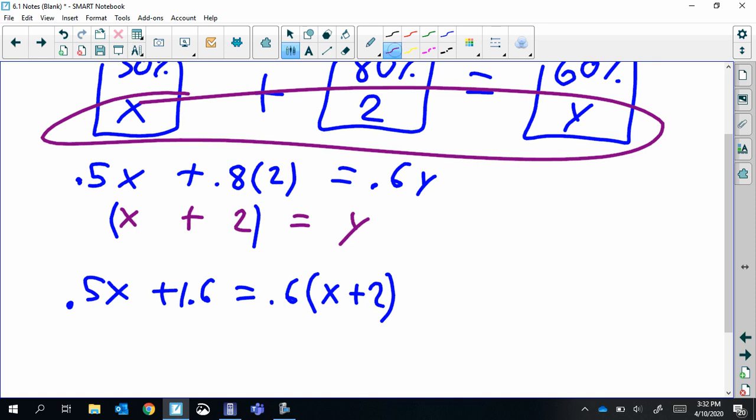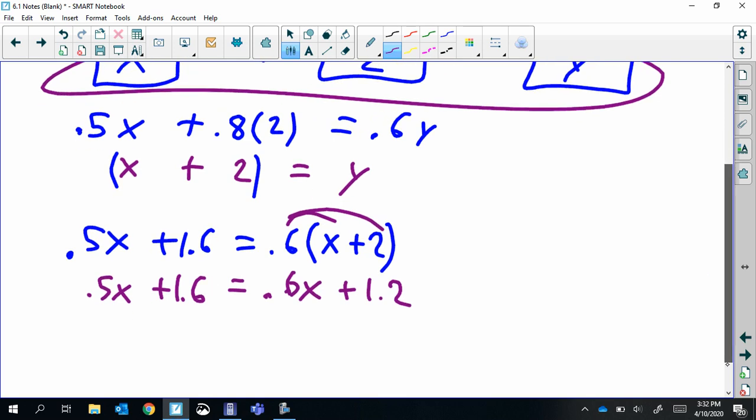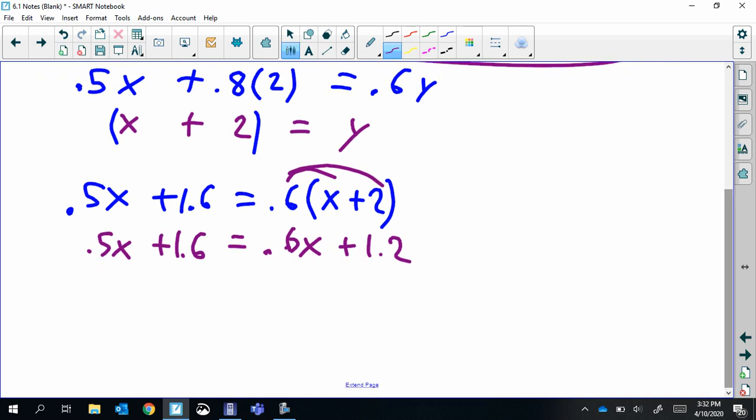So we have to distribute. Combine like terms, get it all set up so we can solve.